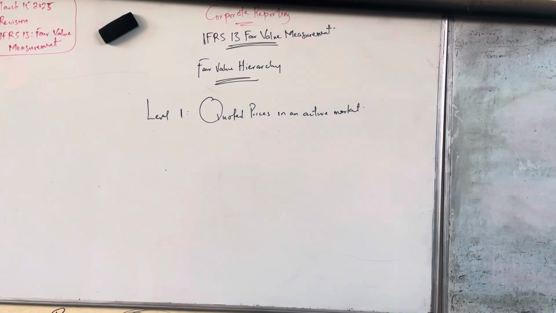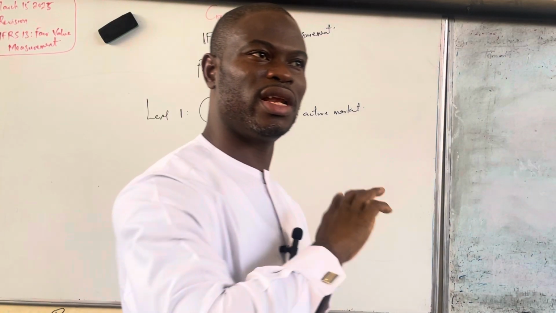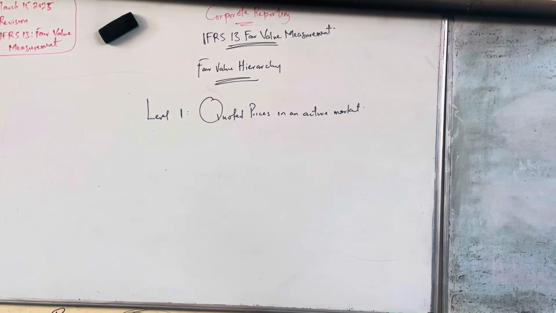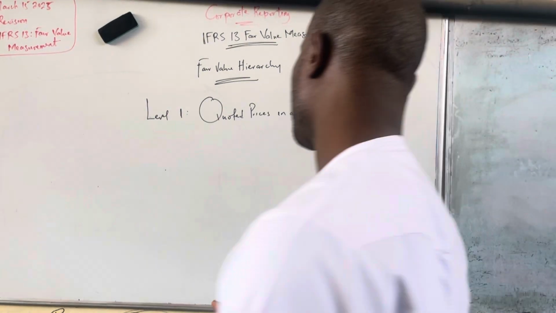Quoted prices in an active market. Level one. So which approach uses this level one out of those three approaches? Market approach. From here, we believe that the market approach is the most reliable, and we encourage it. IFRS 13 discourages any other approach. It encourages market. If you can get market information, it is the best, the most reliable.